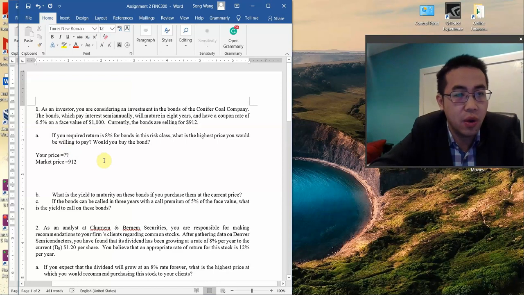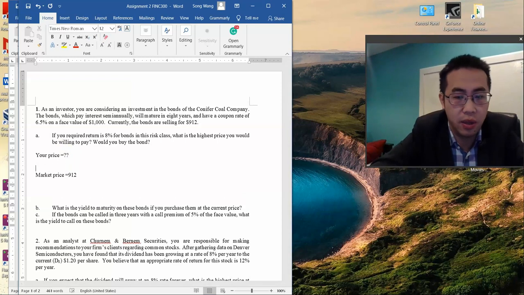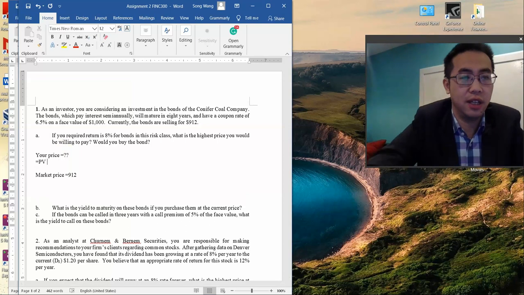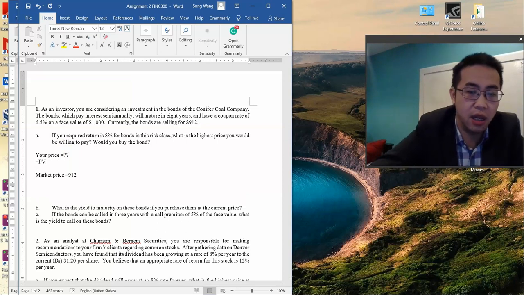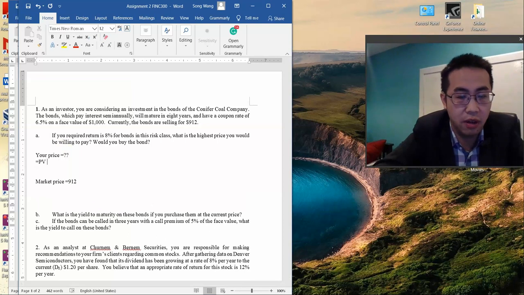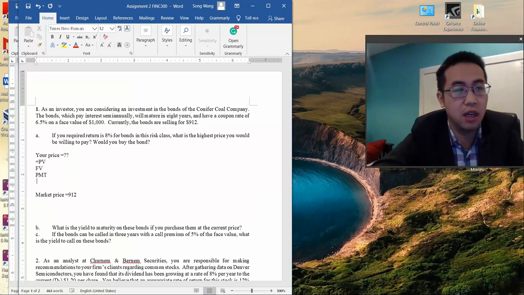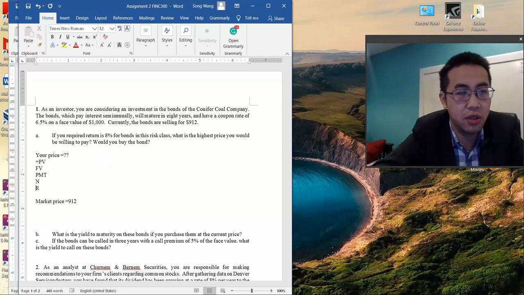So in order to get your price, you should use the present value function of Excel or the calculator. So based on that, you need to find your future value of the bond, the payment, number of periods, and also the required rate of return.